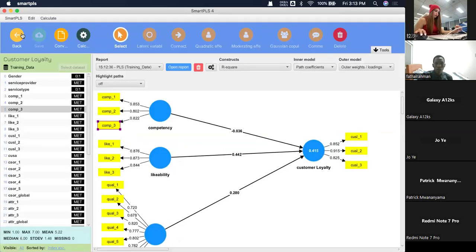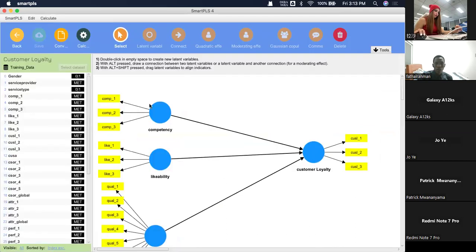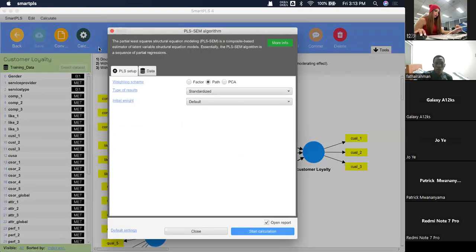So let's say I go back. I have this. Calculate. Click on PLS algorithm. It will open a new window where you see factor, path, and PCA. By default, path should be selected, but just in case it's not selected on yours, just click on path, not factor, path analysis.